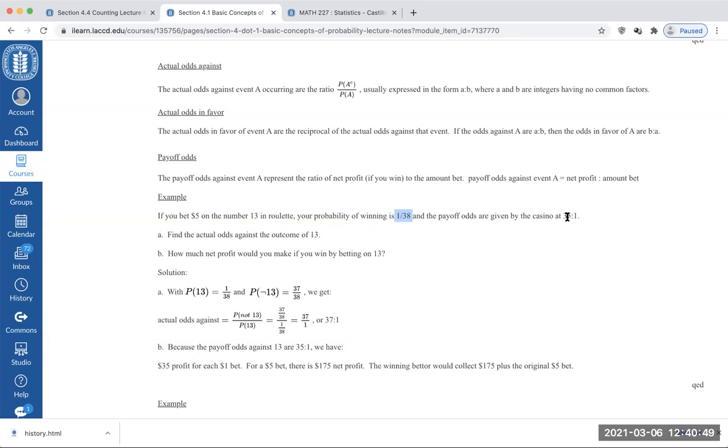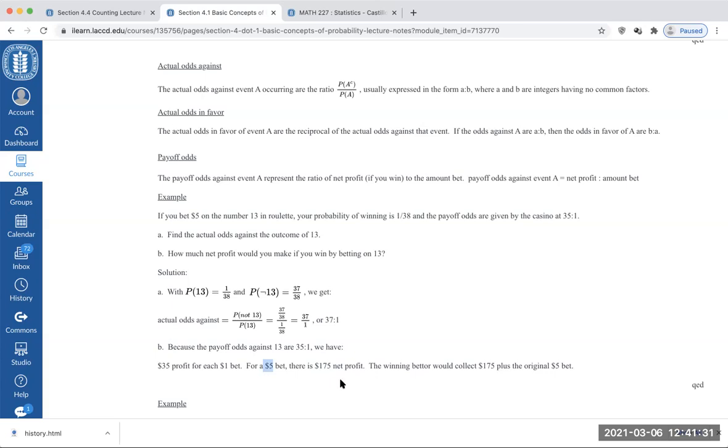The payoff odds are 35 to 1. So for every $1 bet, you have a $35 profit. So for a $5 bet, 5 times 35 is 175. So you have $175 in net profit. And so the bettor would get $175 plus their $5 bet back.